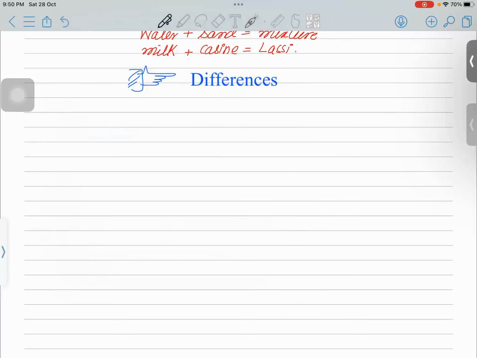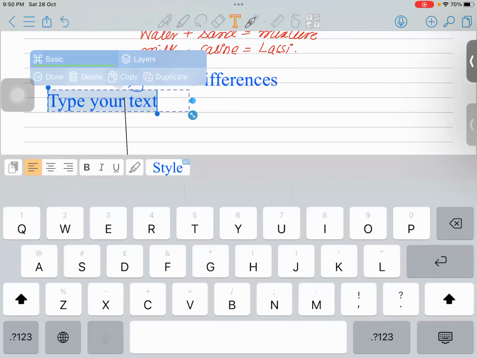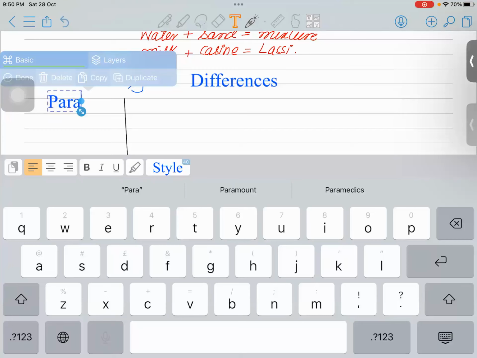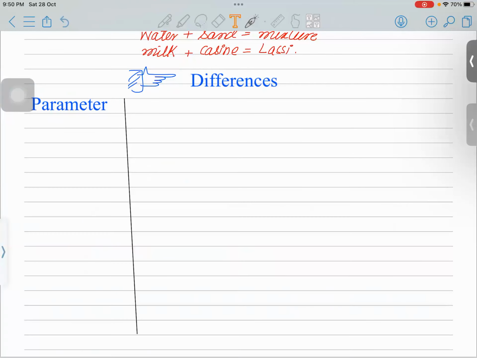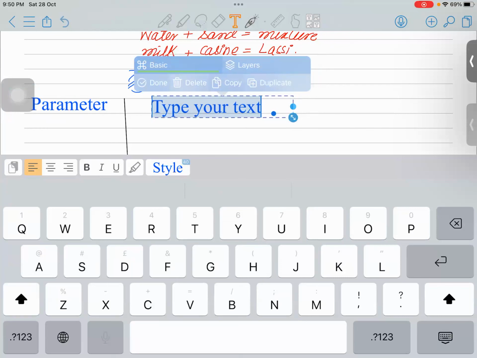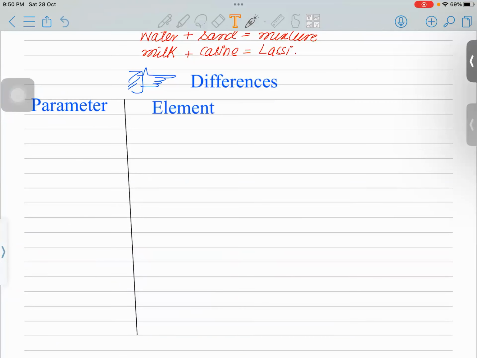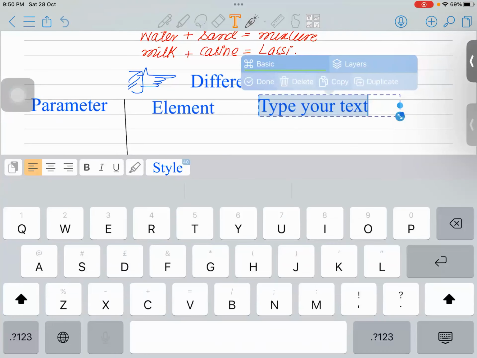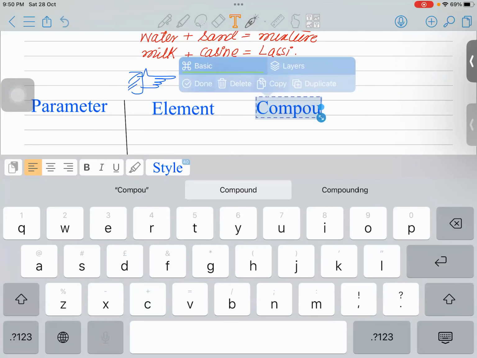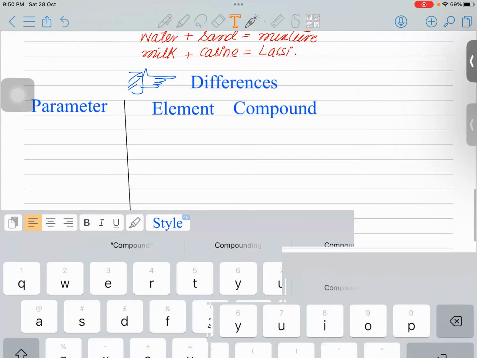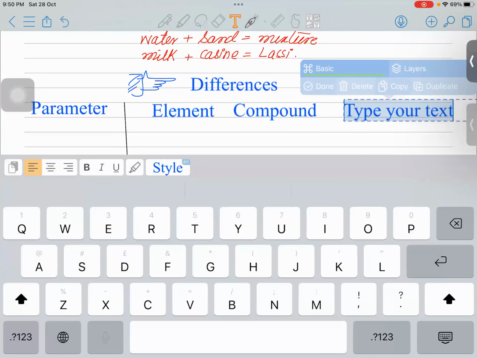So first is parameter. Parameter. Second is element. Element. Then compound. Then mixture.